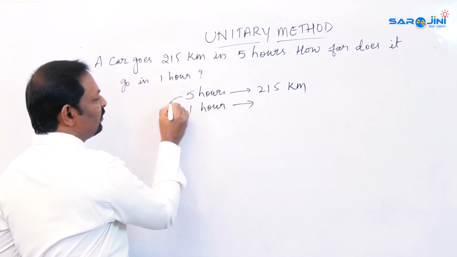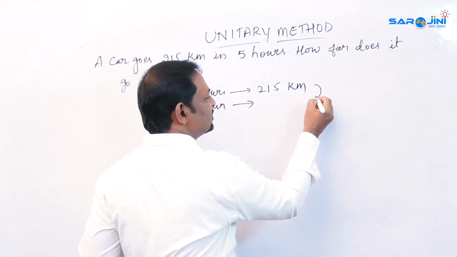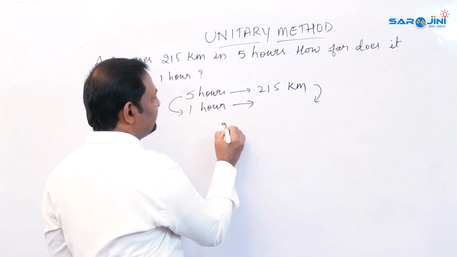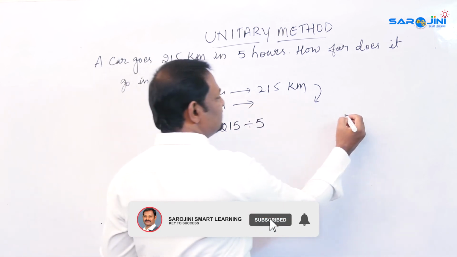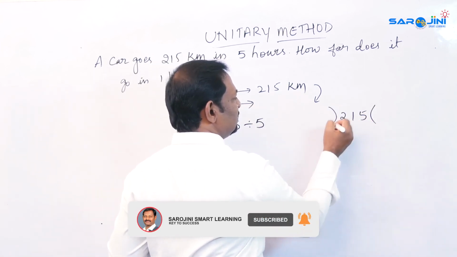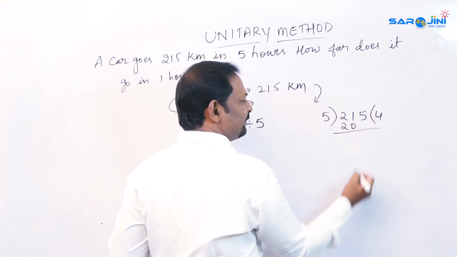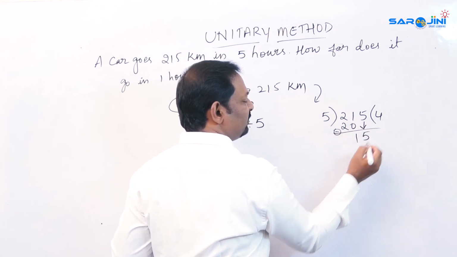Definitely 5 hours becoming 1 hour is a decrease process. So definitely the distance also will be lesser than what it was. So it is nothing but division. 215 divided by 5. Now we check through the division process. 5 4s are 20. Okay. So 1 will be left and the next number 5 is brought down.